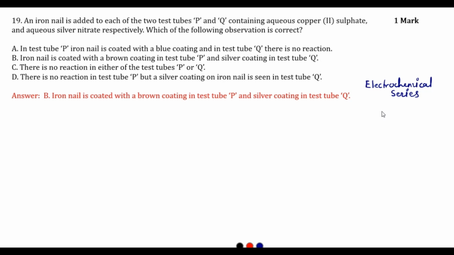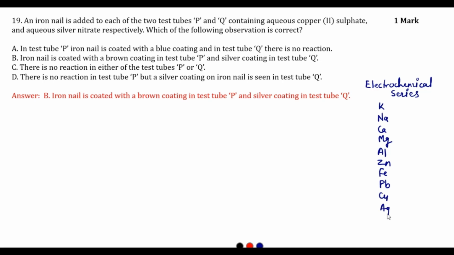In this series, the most active metal, potassium, comes first. After this we write sodium, then calcium, Mg, then aluminium, then zinc, and after zinc, iron. Then there is lead, Pb. Then comes copper.